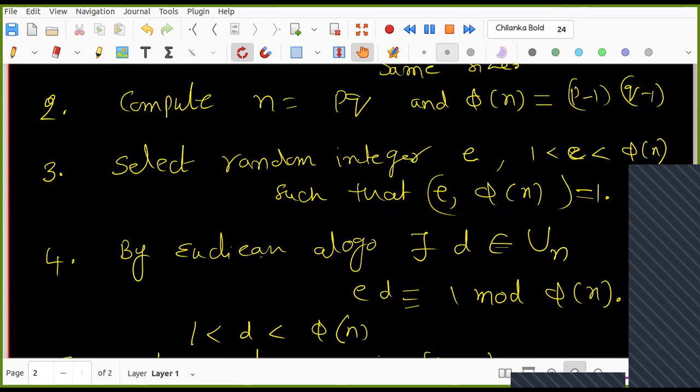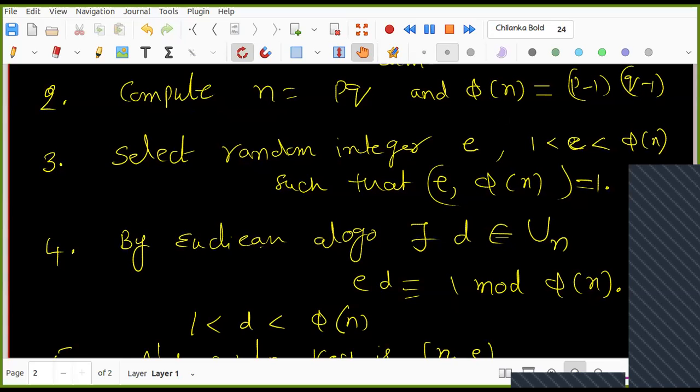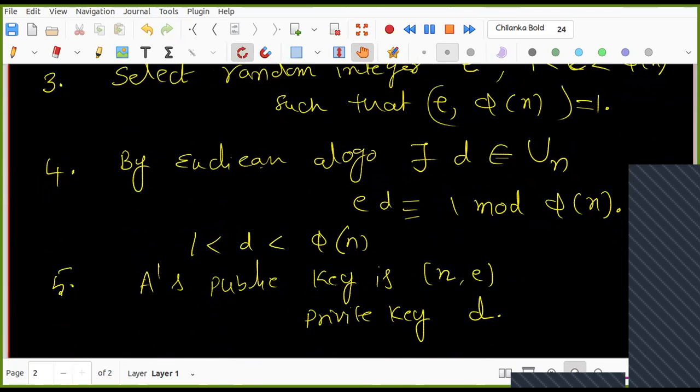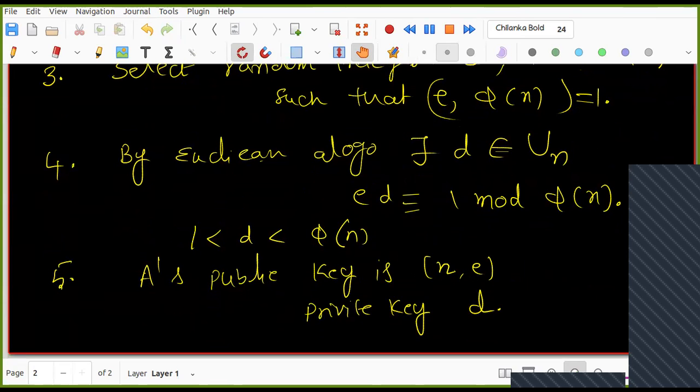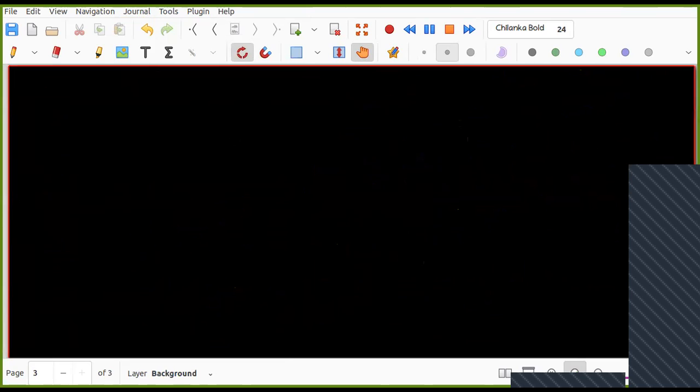Phi of n is not known to any person. So select a random integer e which has a multiplicative inverse, that is d. Now n comma e is the public key and the private key is d. So any doubts? Can I proceed?